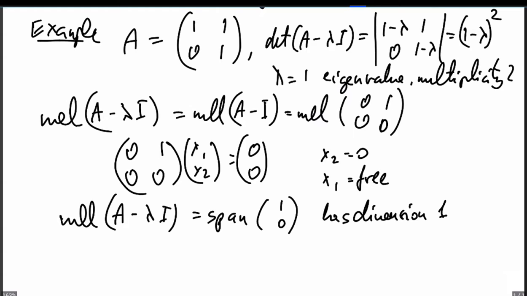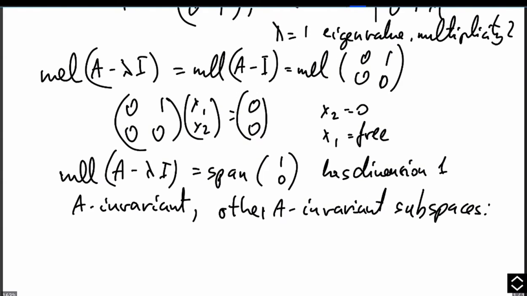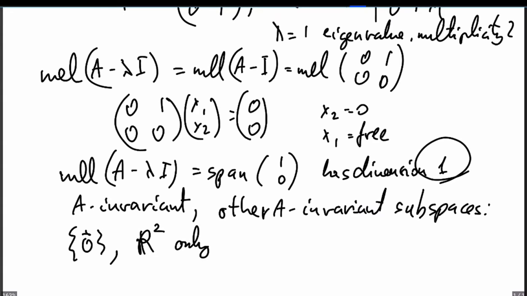This is A invariant, we know that. But the only other A invariant subspaces are the 0 subspace and then R square itself. So other than this one-dimensional A invariant subspace, we don't have another one that we could use to split up R2.